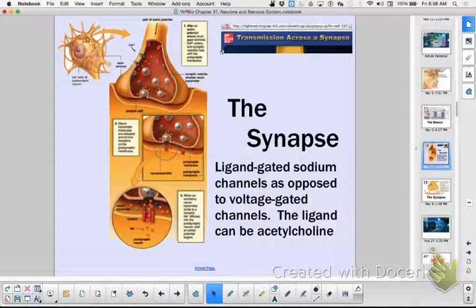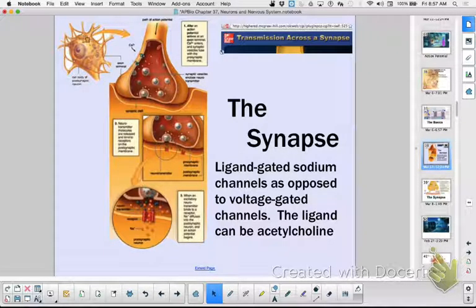Process: calcium gates open in the axonal bulb of the presynaptic neuron, and calcium enters by facilitated diffusion, exactly. And then calcium fuses the vesicles, and neurotransmitters are released from the synaptic vesicles into the cleft and cross it.